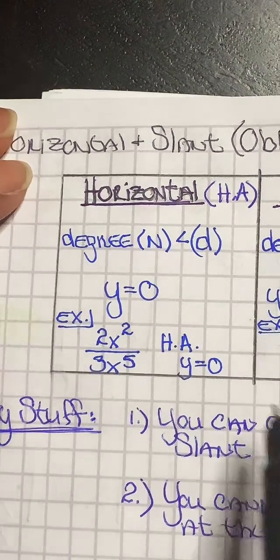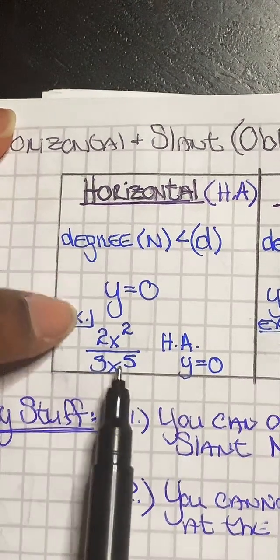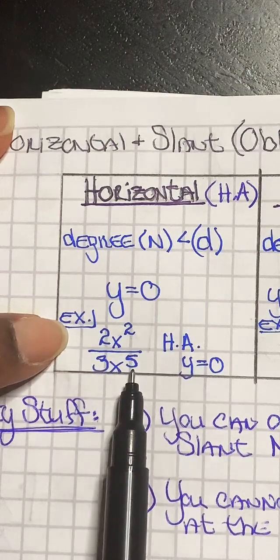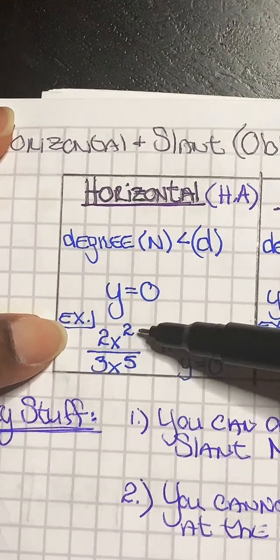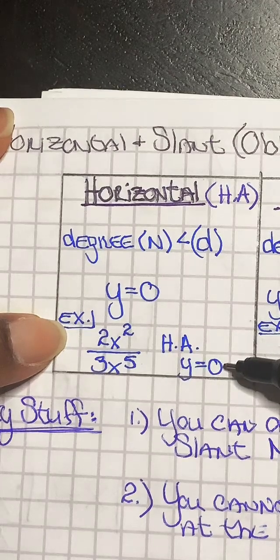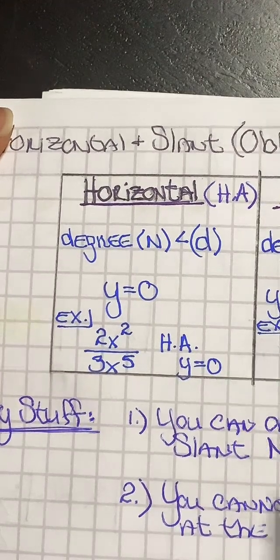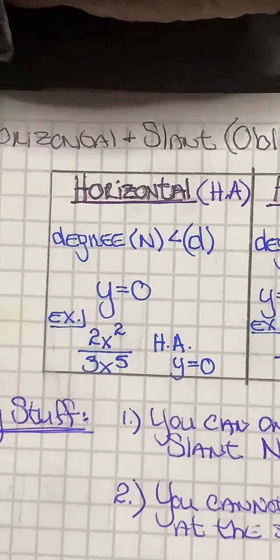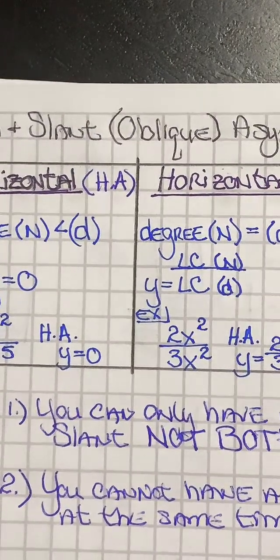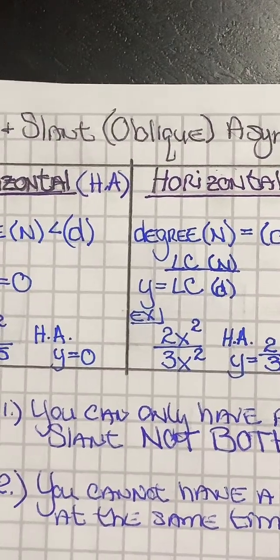For example, if I had 2x squared over 3x to the 5th, my numerator is smaller than my denominator, so my horizontal asymptote is automatically y equals 0. Screenshot that, or you're going to have it in the upcoming notes.